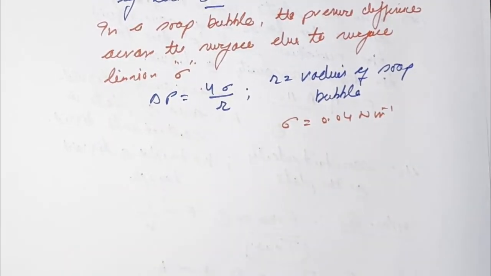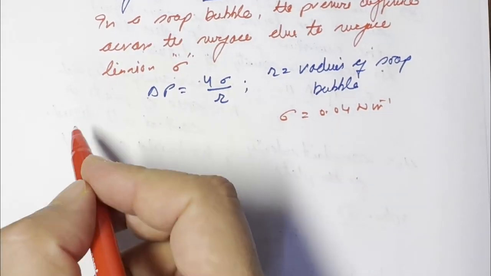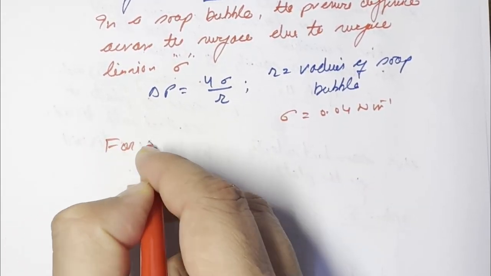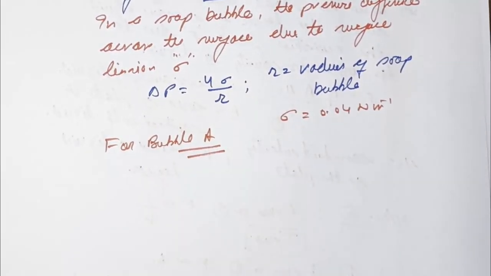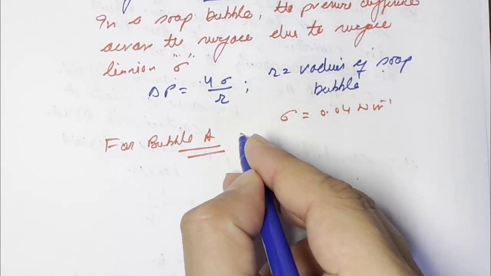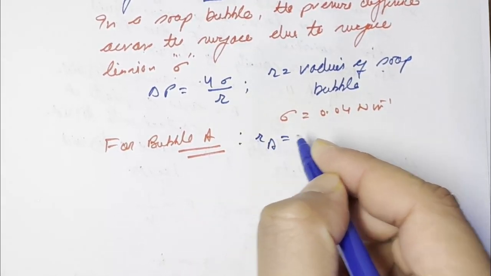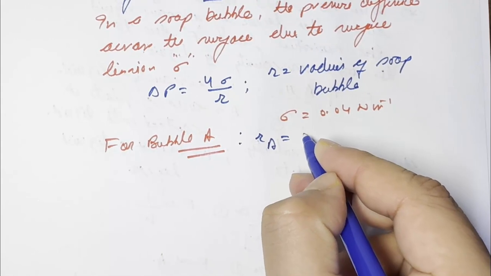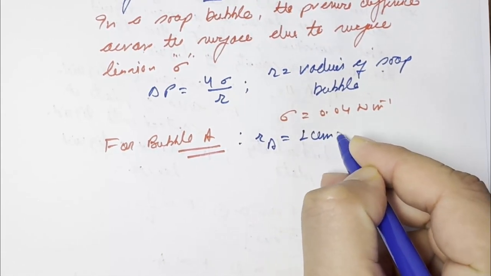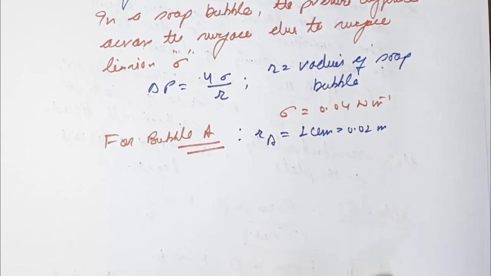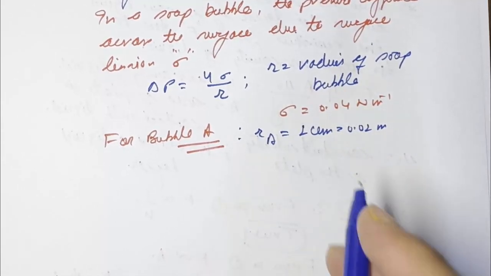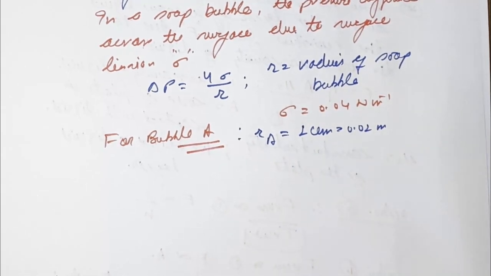Therefore for bubble A, the radius is 2 centimeter, that is 0.02 meters, and the external pressure will be the same in both cases.